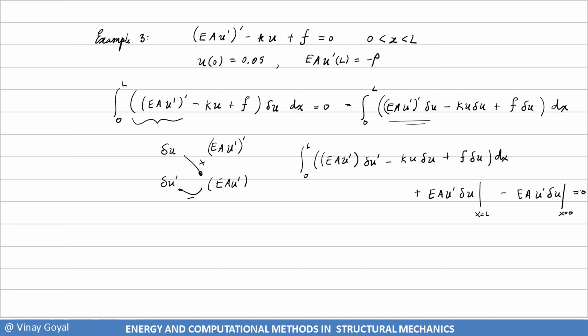Here it is very simple. u at 0 is 0.05, so del u is specified, and that term goes away. EAu prime at this boundary is minus P. And now the only thing to do is take del u and convert it to u. If you have u prime on the left and the right, that will give a 1/2.